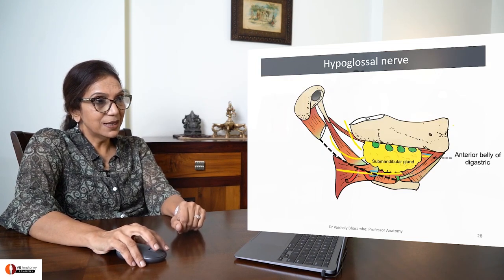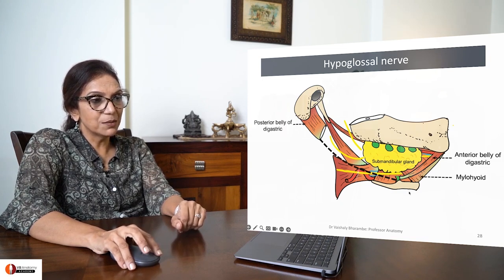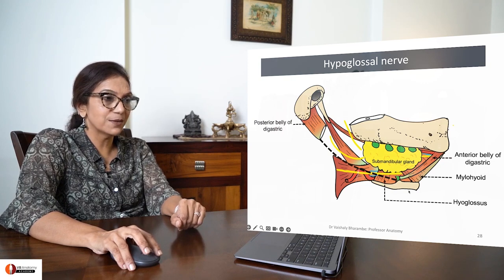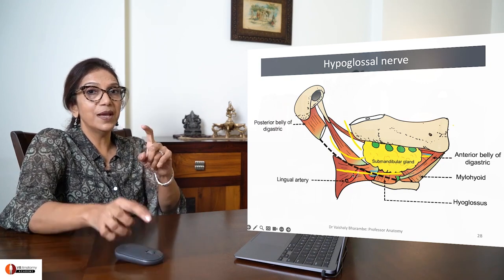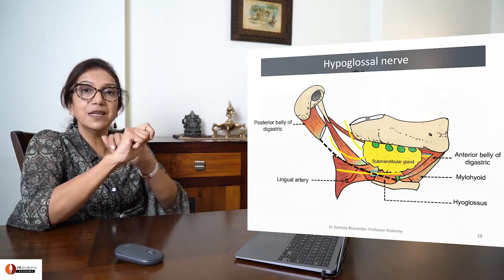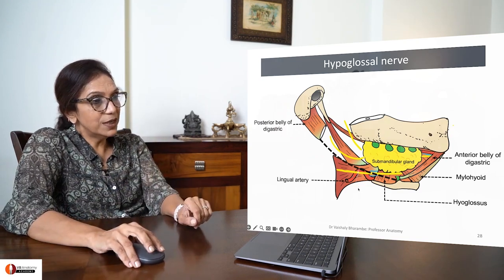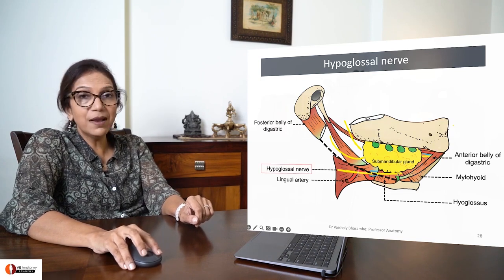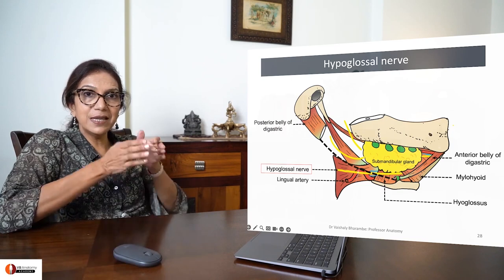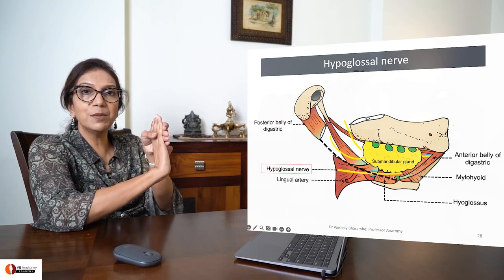As you can see, this is the anterior belly of digastric, posterior belly of digastric, mylohyoid and hypoglossal. Observe, and that's the loop of lingual. Remember, loop and hypoglossal, always together. Here you can see the beautiful loop and you can see the hypoglossal nerve traveling over it. But as they move forward, which muscle comes in between them?